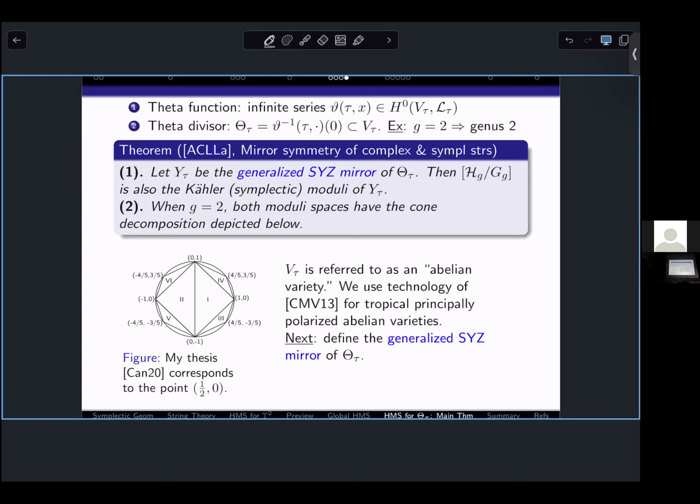On the symplectic side, you analyze these matrices, and they correspond to symplectic areas of P1s in your central fiber on the mirror. It only works in genus 2, because in order to do this on the symplectic side, you have to solve systems of equations. And if you get higher genus, you have to solve cubic or degree 4, degree 5 or higher polynomials, and there's not necessarily a way to do that.